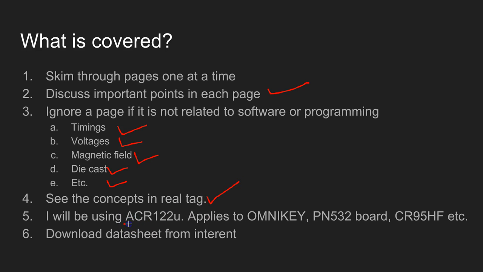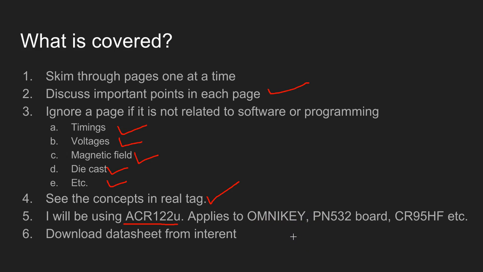I'll be using the ACR122U, but I'll be making videos on how to use Ultralight C using OmniKey or PN532 or CR95HF boards, but I will not be covering this datasheet walkthrough in those playlists.